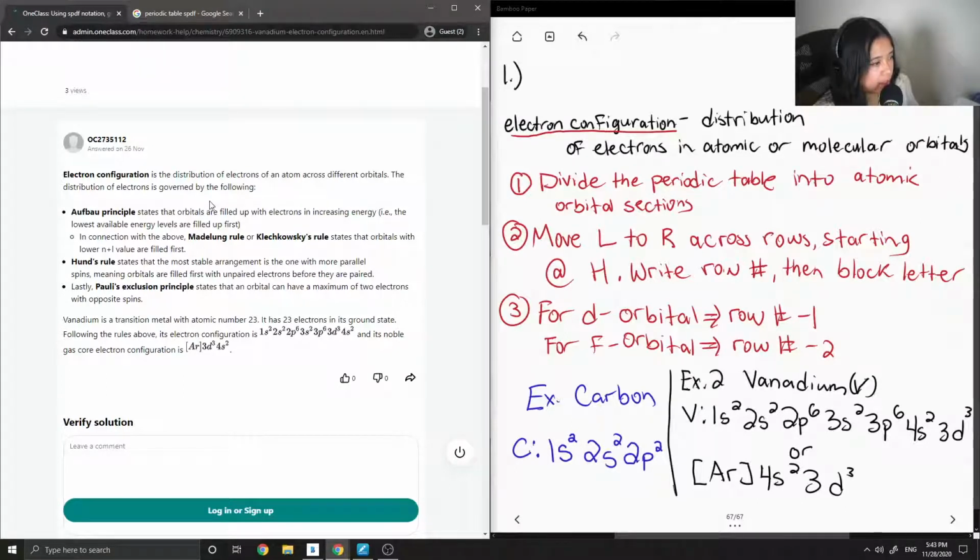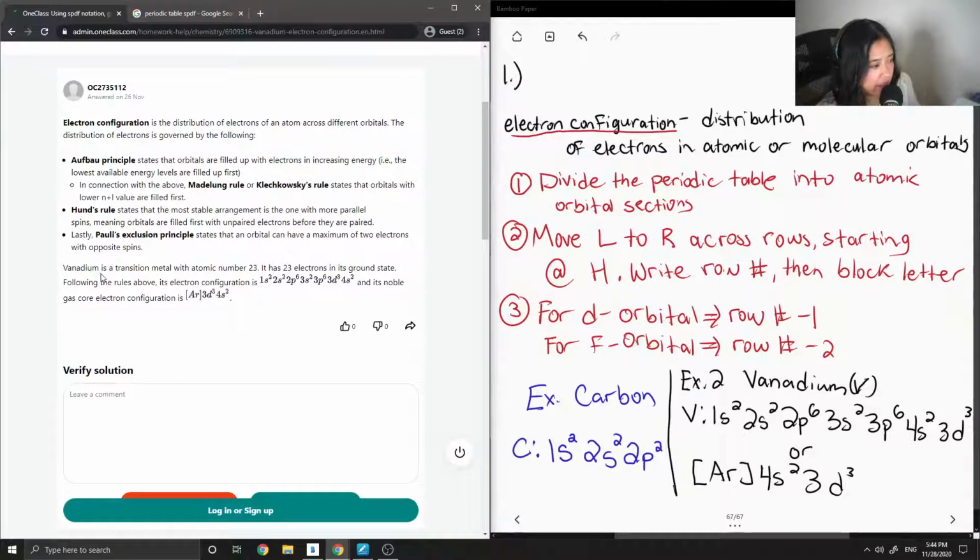In connection with the above, the Madelung rule, or Klechkowski's rule, states that orbitals with a lower n+l value are filled first. Hund's rule states that the most stable arrangement is the one with more parallel spins, meaning orbitals are filled first with unpaired electrons before they are paired. Lastly, Pauli exclusion principle states that an orbital can have a max of 2 electrons with opposite spins.